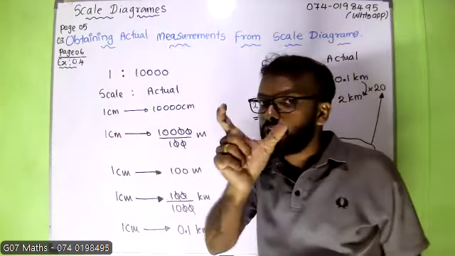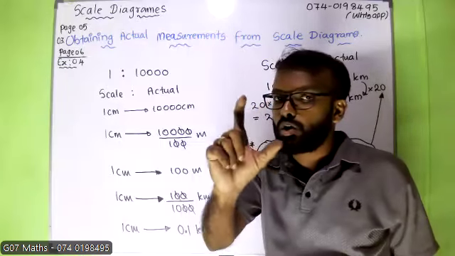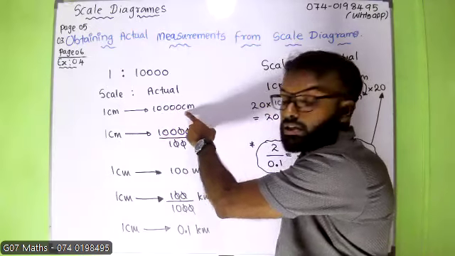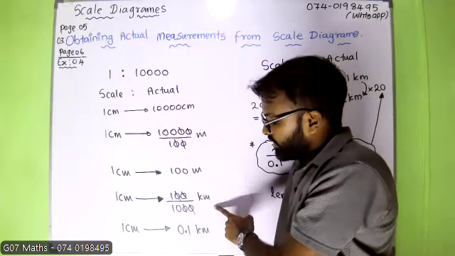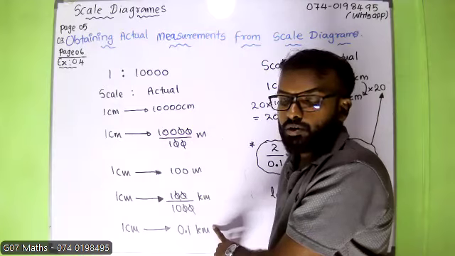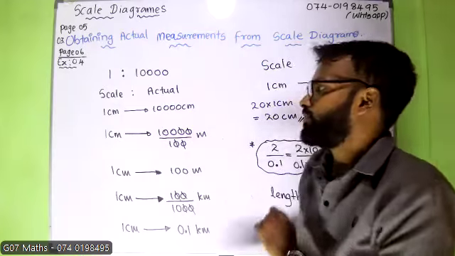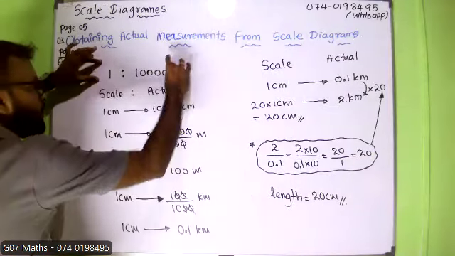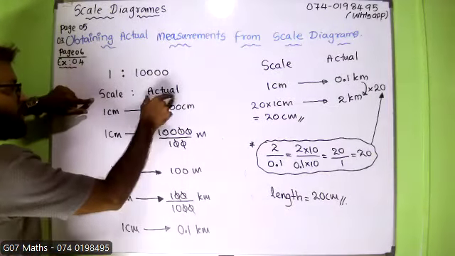That is the point you need to identify. So 10,000 centimeters need to be converted into kilometers, not meters. Once you know, write down the ratio as scale to actual.